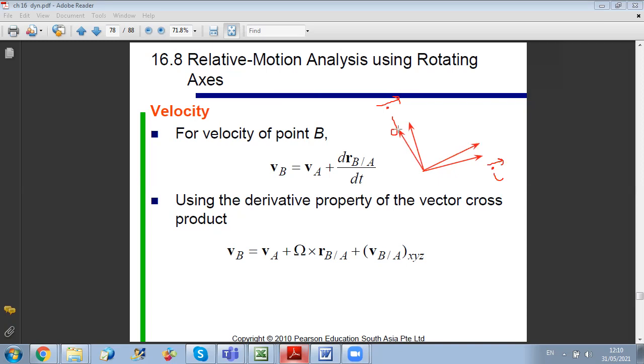Same concept. So what is vector di? This is vector di, and this is vector dj.